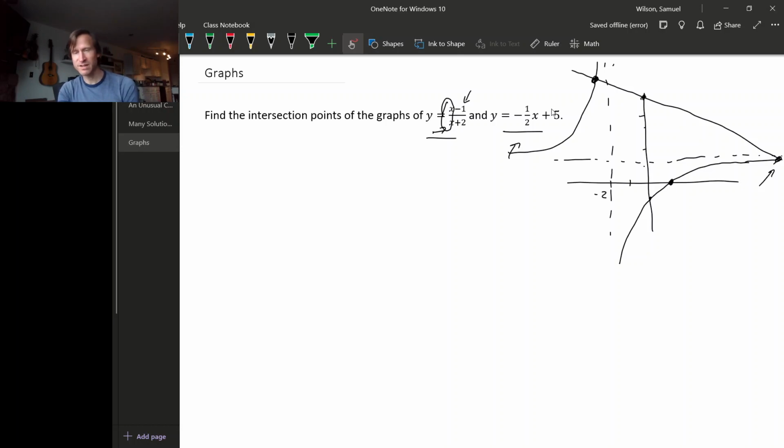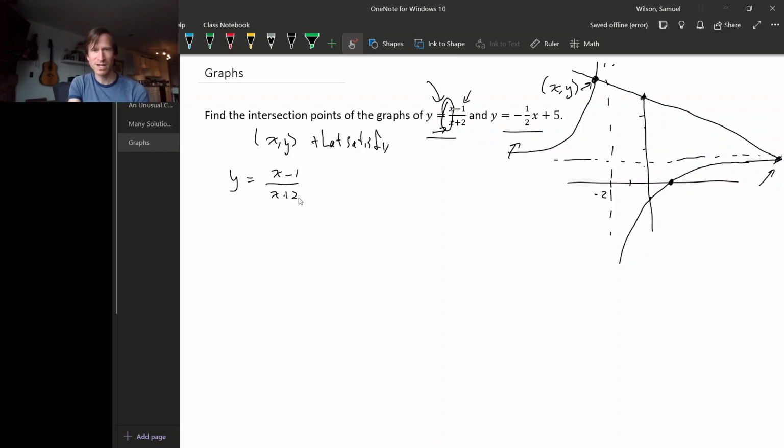So why does this give us a system of equations? Well, this intersection point, if we call it x, y, then since it's on the graph of this first equation, that means it should satisfy this first equation. So we're looking for x comma y that satisfy our first equation, y equals x minus 1 over x plus 2.